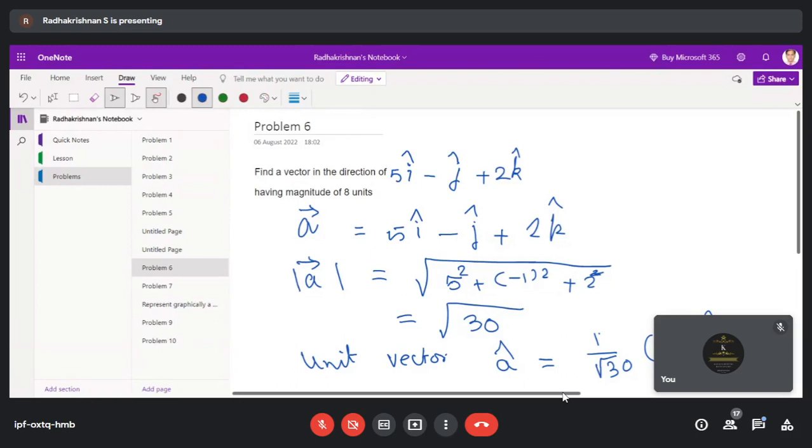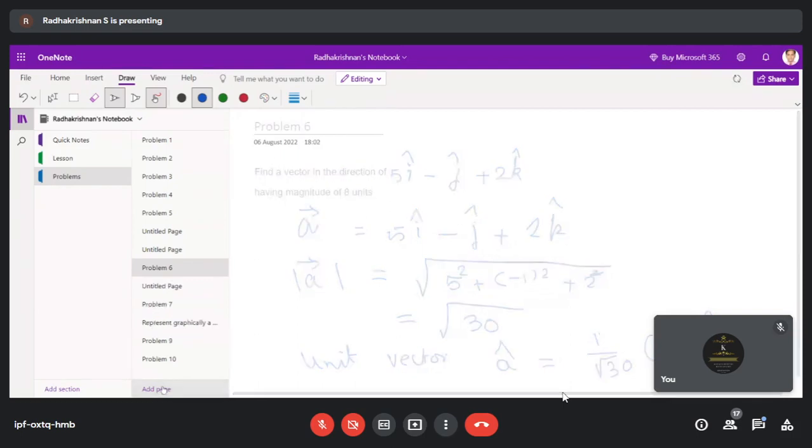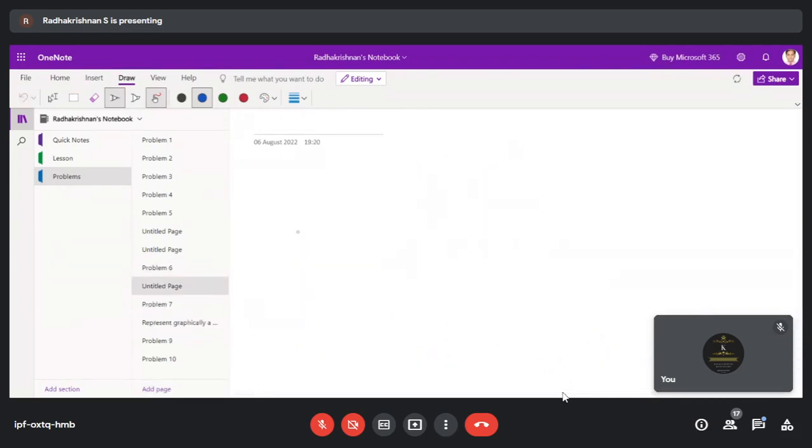Now the magnitude has to be 8 units. What do we do? In scalar multiplication, we simply multiply all the components by that scalar.